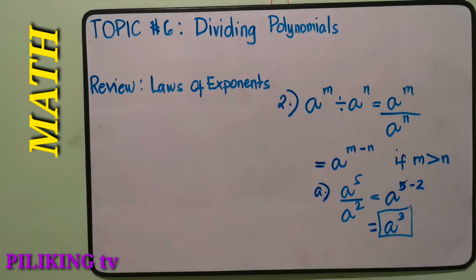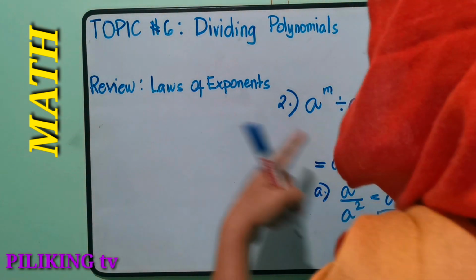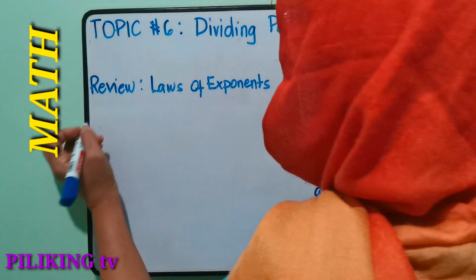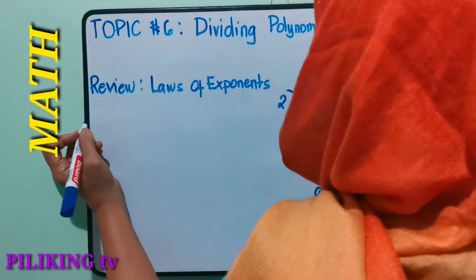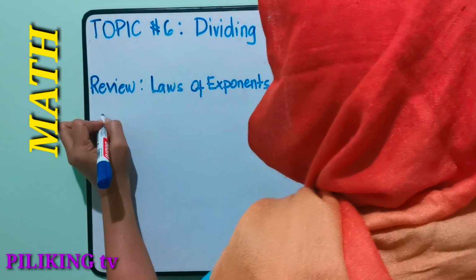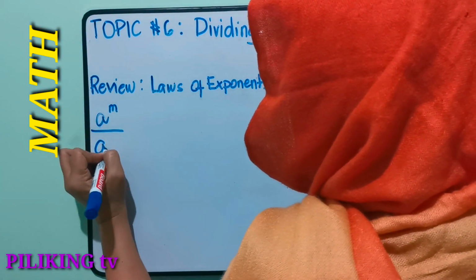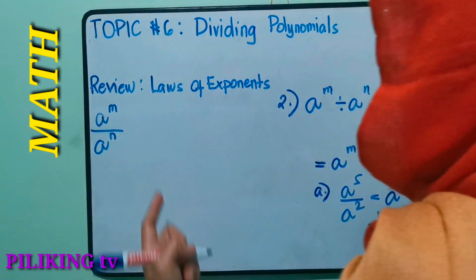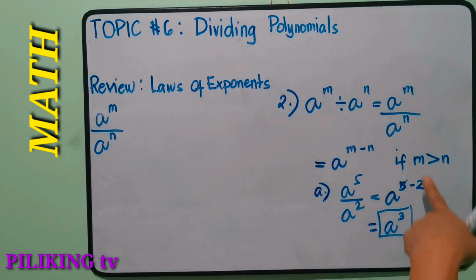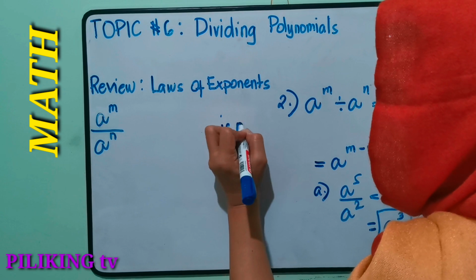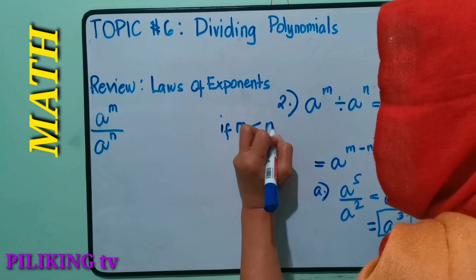Okay, so next case, what if m is less than n? How will you subtract their exponents? Going back to what I said a while ago, a raised to m divided by a raised to n, you just subtract their exponents if m is greater than n. So what if m is less than n?